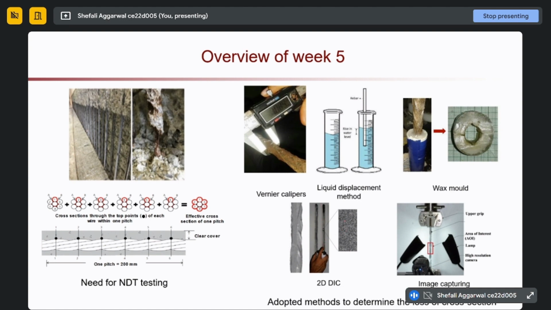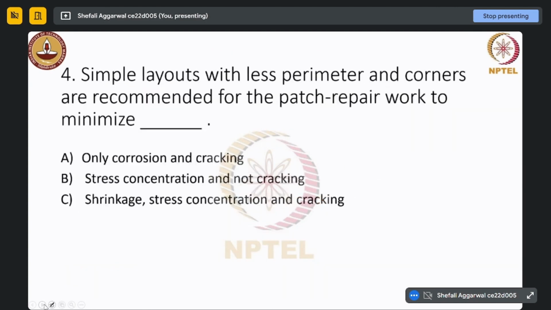We will check a certain area with some black and white speckles. After the application of stress, this surface will change. So we compare that area and this area, and DIC will give us the stress strain behavior of our rebar. So digital image correlation will tell us about the stress strain behavior.